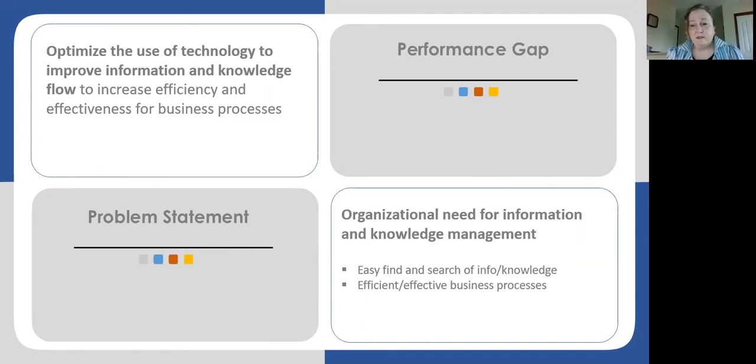And we definitely have an organizational need for information and knowledge management, easy find and search of information and knowledge, and effective and efficient business processes as a result of that. So what we were tasked to do as a team was to optimize the use of technology and improve information and knowledge flow to increase efficiency and effectiveness for business processes.